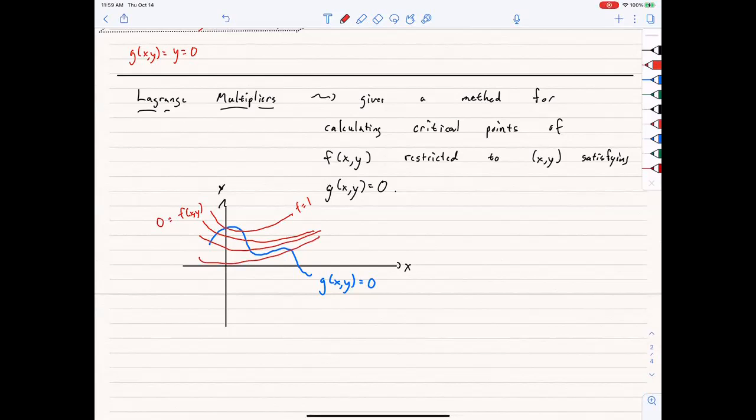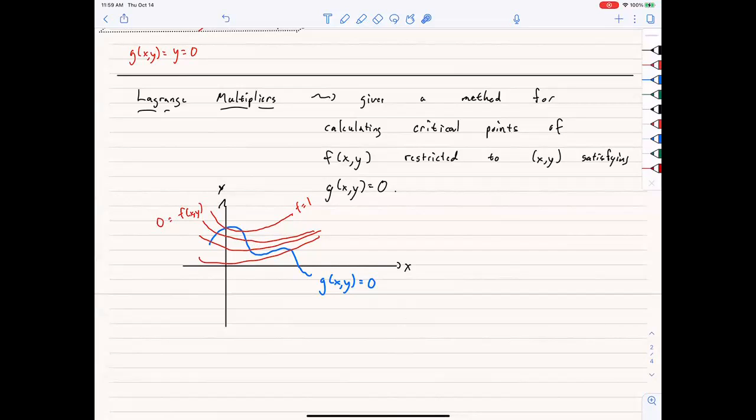Now, if I'm on the f equaling 0 contour and I go up to the f equaling 1, then I should be seeing f increasing as I go in that direction, and f decreasing as I go the other way. So if I stay on the blue curve, I'm going to be increasing when I look at those contours.